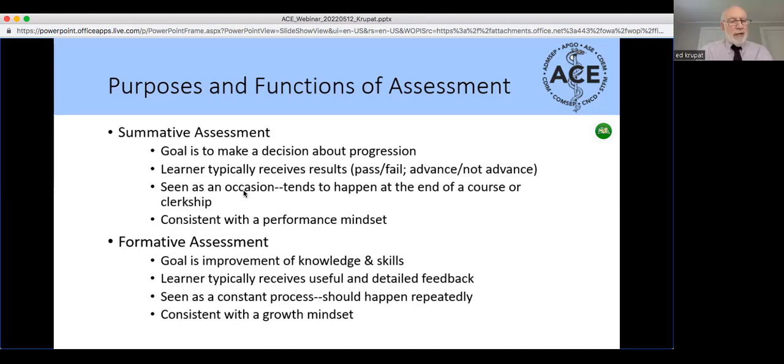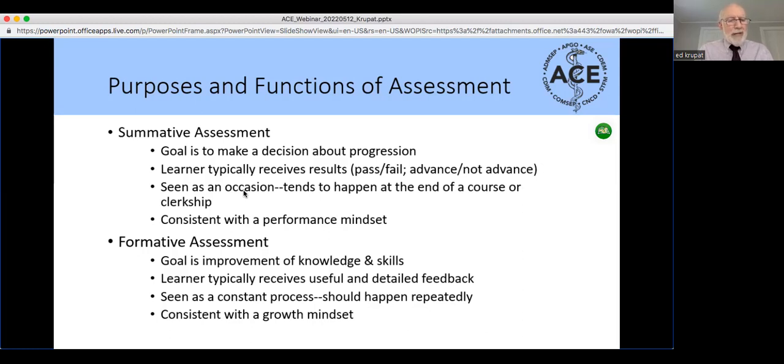Formative assessment is very different. It's a type of assessment, it's a type of testing where the goal is actually not making a decision about progression, but improving knowledge and skills. And again, we don't often think about assessing having a goal of improvement.